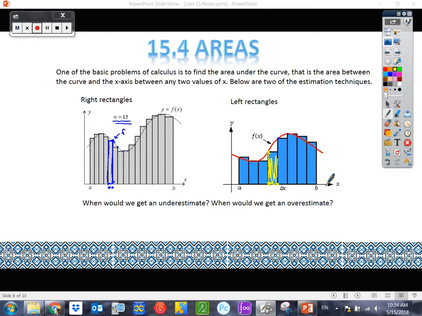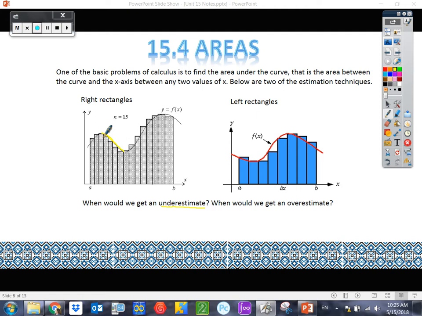So there are going to be some important concepts that have to do with this regarding underestimates and overestimates. I think that you can tell by the graphs when we would get an underestimate. So notice right here on this part of the curve, all the rectangles are underneath the curve.